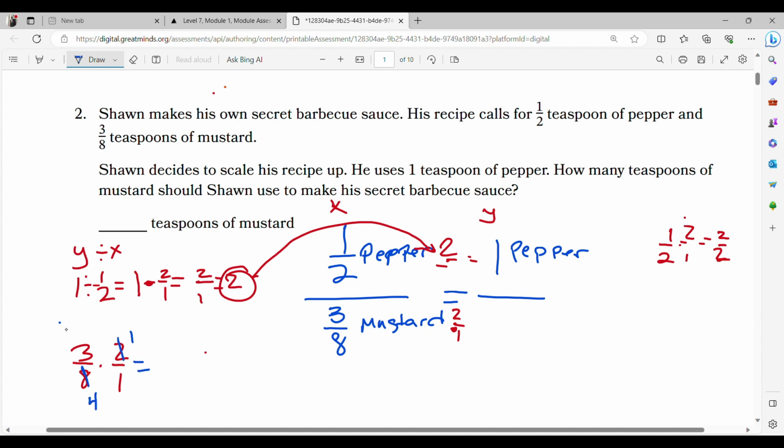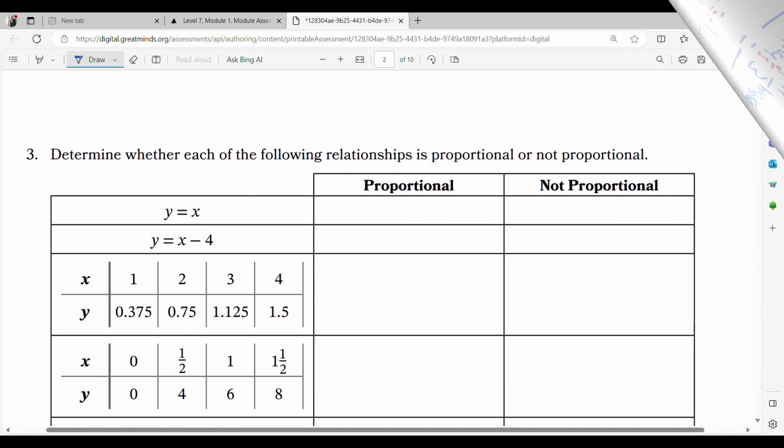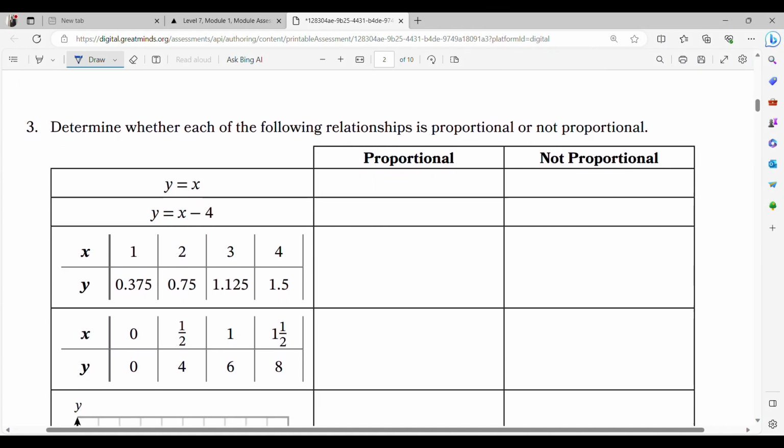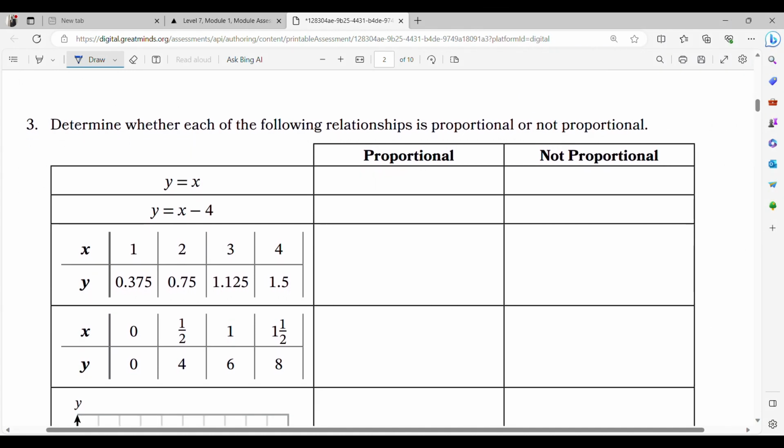That brings us to 3 times 1 is 3. 4 times 1 is 4. Our answer is 3/4 of a teaspoon of mustard. Alright, let's put our answer in our box. And we move on.